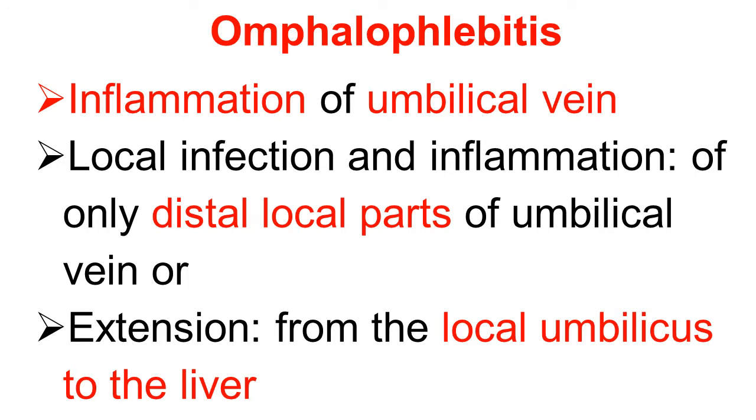There are two types of infection and inflammation: local infection and inflammation of only the distal part, that is at the navel, or extension of infection and inflammation from the umbilicus to the liver and sometimes in the liver also.